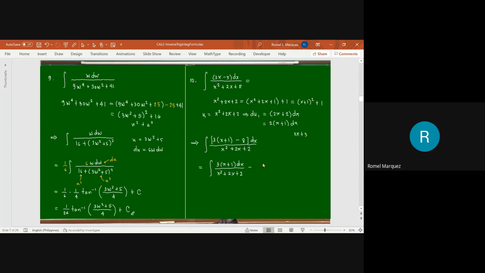Yan. Minus integral of, ito namang isa, 8 dx. Pero, because constant yan, hindi yan pwede maging differential ng denominator. Kaya ang gagamitin natin yung x plus 1 quantity squared plus 1 para leading to inverse tangent. Di ba yung x plus 1 quantity squared plus 1 is the same as x squared plus 2x plus 2, children? Na? Kaya lang niliwat in this form.